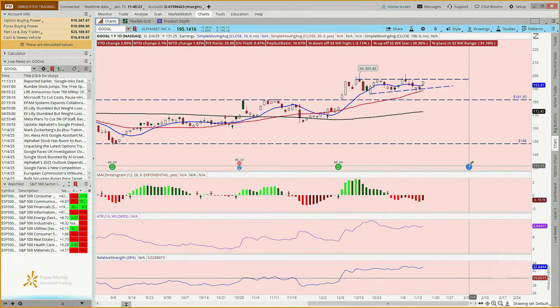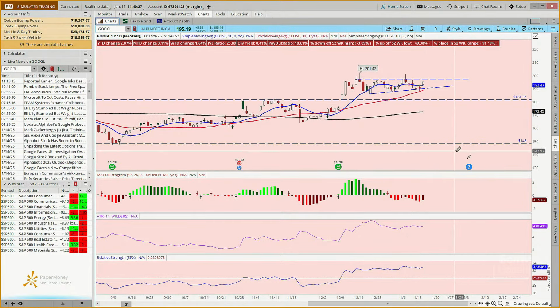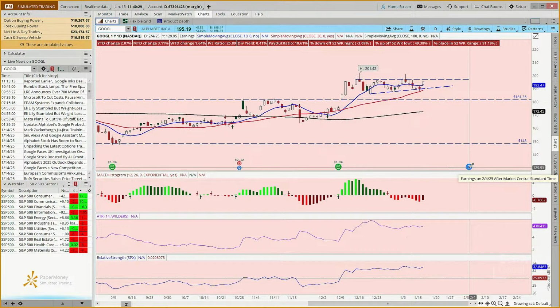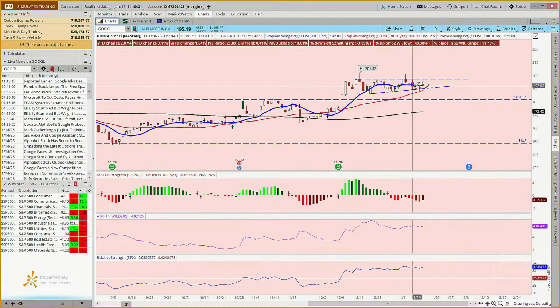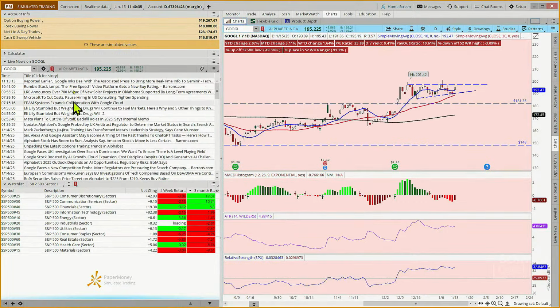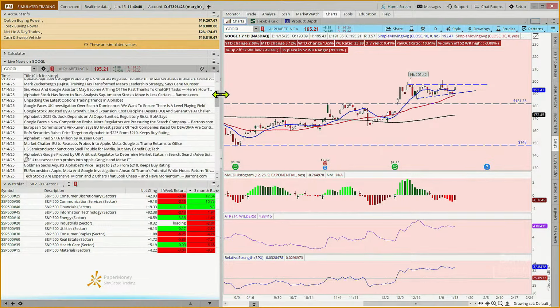So some might say, well, that's a little too close for comfort. Others might say, you know what? I realize earnings is coming up on the 4th, but I've had a look at what the analysts are saying and what the chat is. Goldman Sachs has raised their price target on this to 215.